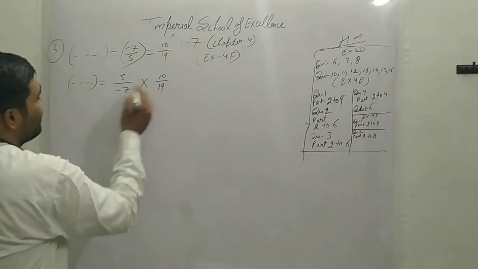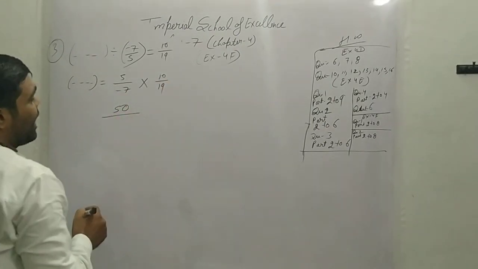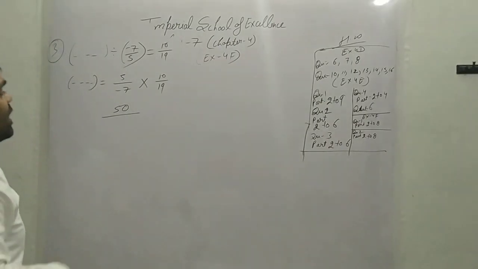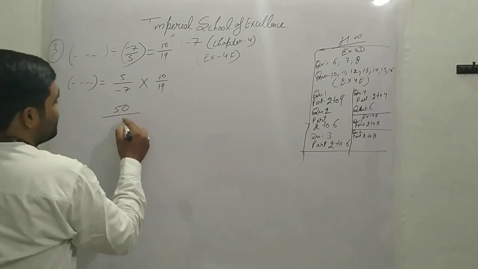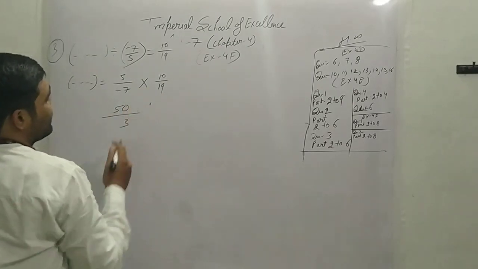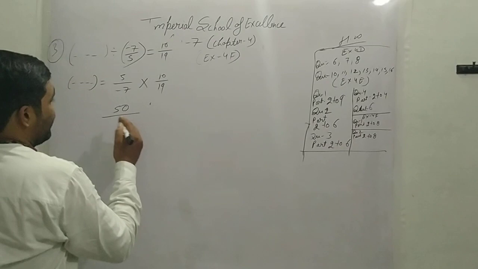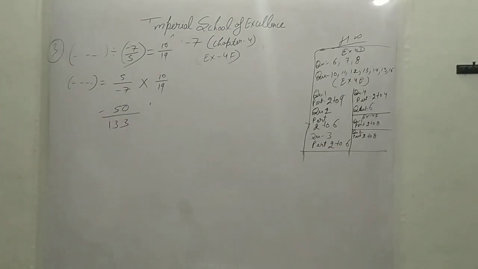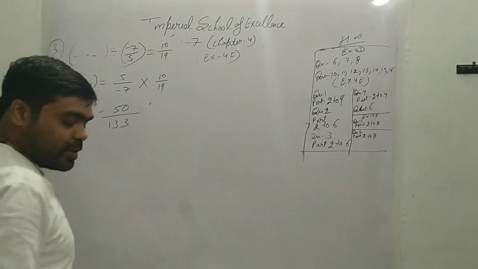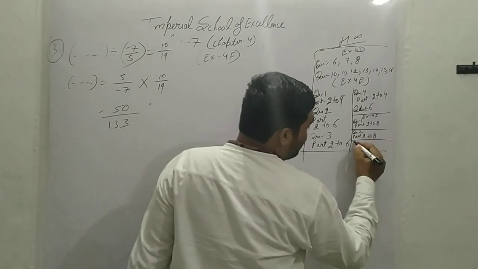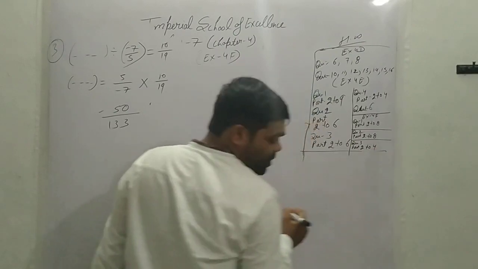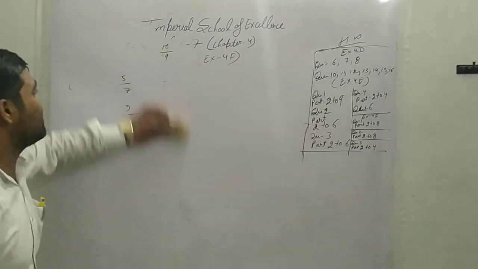It is not cancelling. 5 tens are 50 upon 19 multiplied by -7. -50/133 is your answer. In question number 3, part 2 to 4 you have to do. In this way question number 3 is completed.